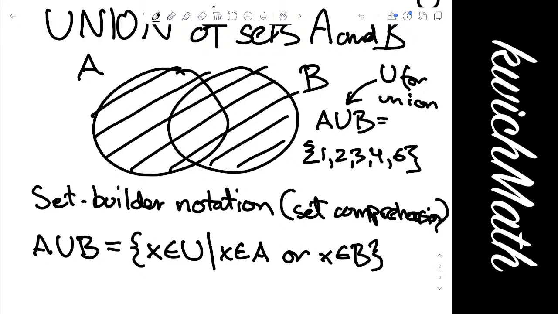and this is what is known as an inclusive or. For instance, in everyday speech, if you ask somebody, do you want tea or coffee? You don't expect the answer yes, because you expect them to choose one or the other. But here, it's an inclusive or. So it's possible that both X is a member of A and X is a member of B. So you can get both tea and coffee in this situation.